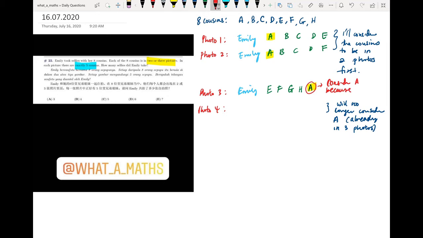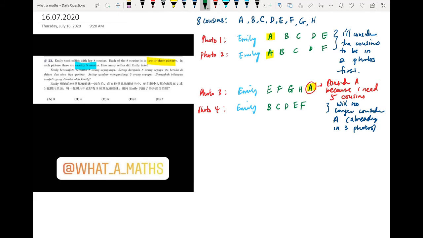I need 5 cousins to be in the photo. So this time in photo number 4, Emily is always there. Now I know that I can no longer have A, but I still can have B, C, D, E, and F.